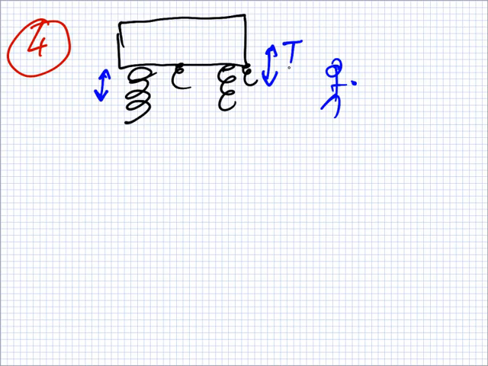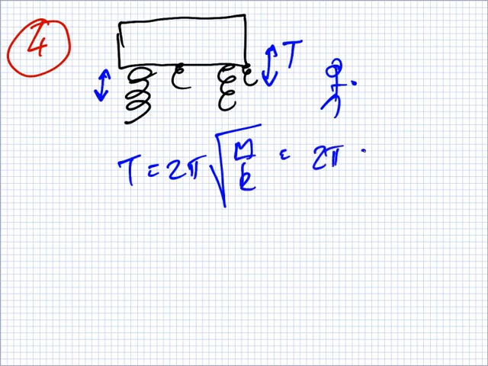If you want the time for the wobble, you just need to know T equals 2 pi root of m over k. And the m is, now there's actually 4 springs, and if the car was 2,000, then that's 500 for each spring, if you want to think about it like this.